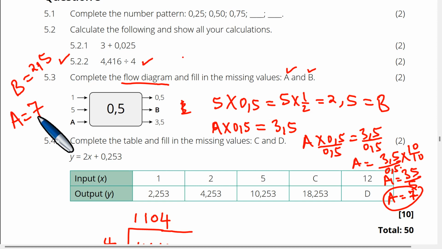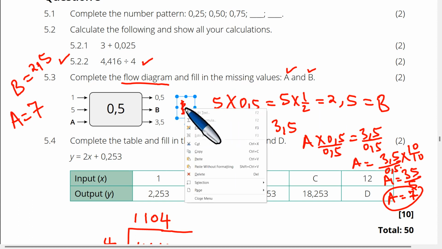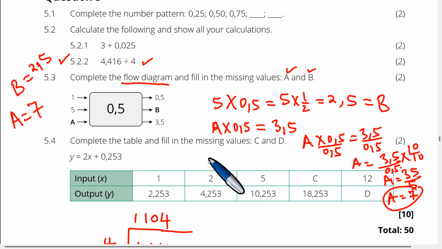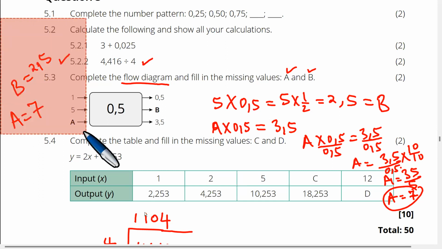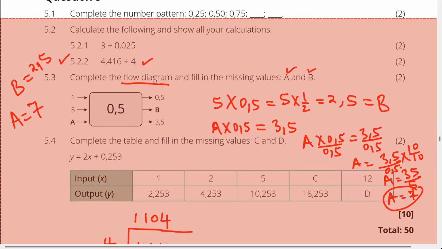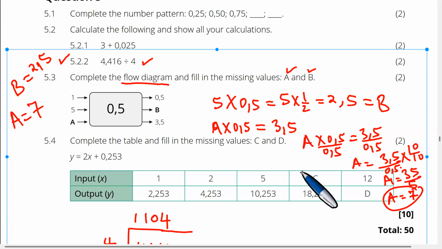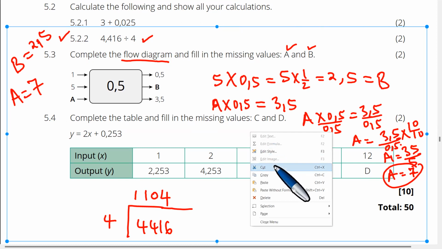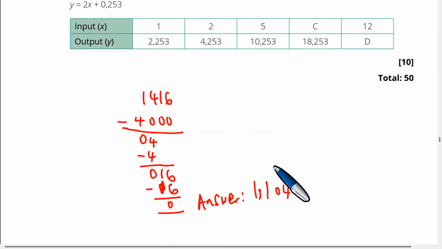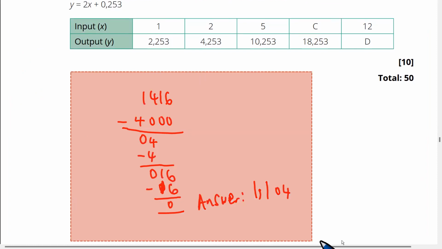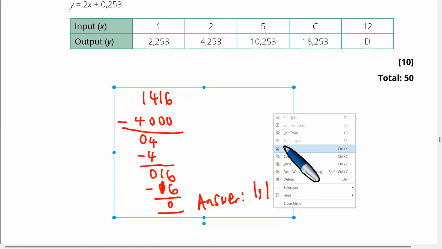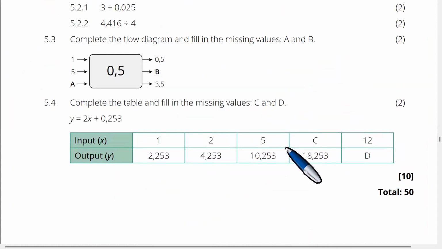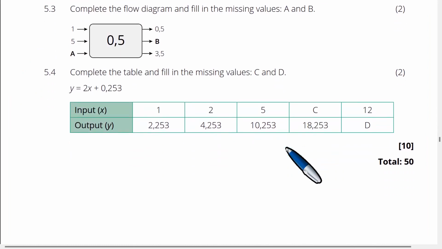All right, let me clean the board so that you can see very well. I don't want what we've written to distract your view. Okay, let's look now at 5.4.